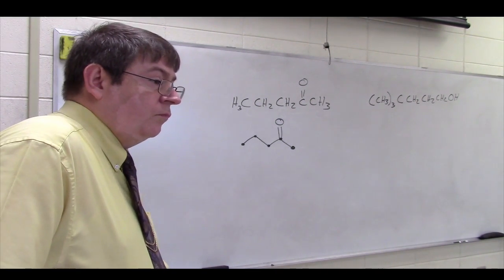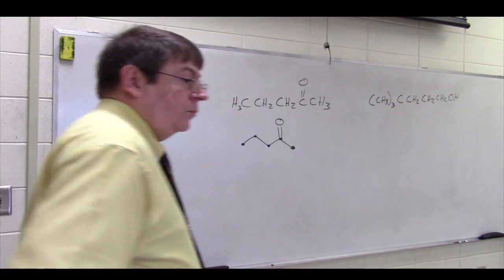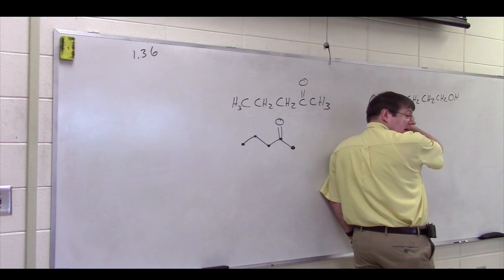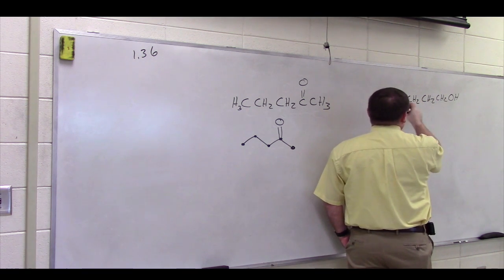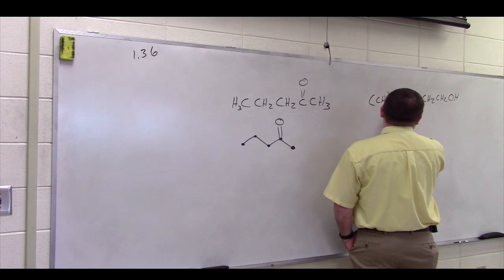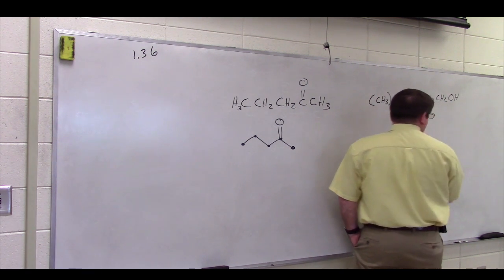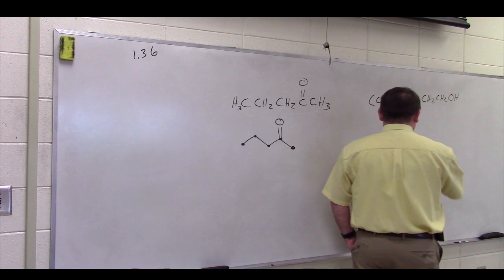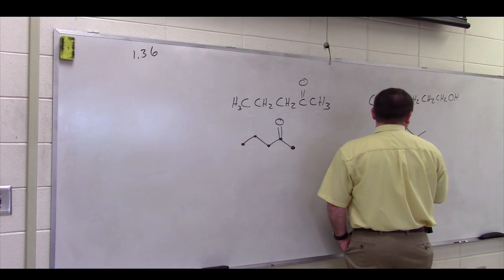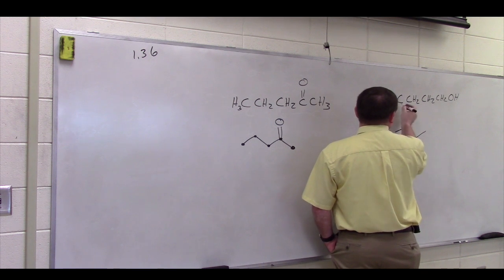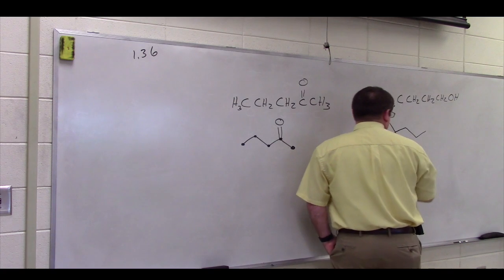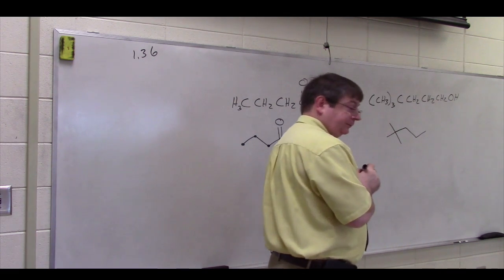There's 3 methyls bound to that carbon. Okay, so we're going to have this carbon, it's going to have 3 methyls bound to it, right? And it's going to also be bound to a CH2. So I'm going to start off by counting these, 1, 2, 3, 4. So I need 4 carbons. They're going to be in a row. 1, 2, 3, 4, right? This carbon is going to have 3 groups attached to it, 3 other methyls.